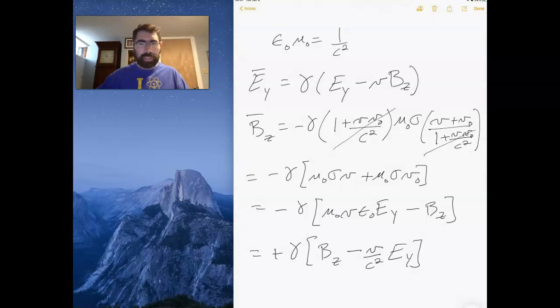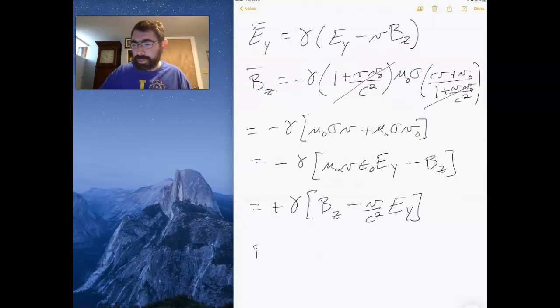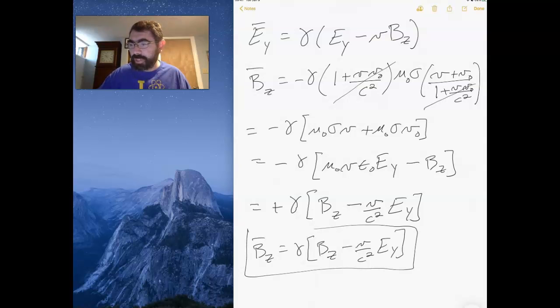Okay, and I'll write it down just to clean it up. Okay, so now I've got the B field, and what you've noticed is that my B field measured in frame S bar is a mixture of electric and magnetic fields measured in frame S.